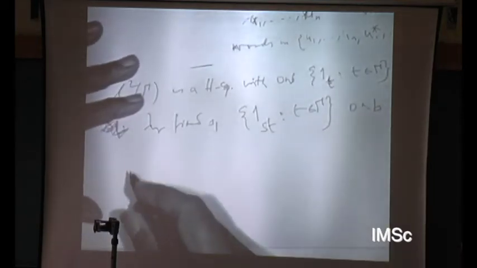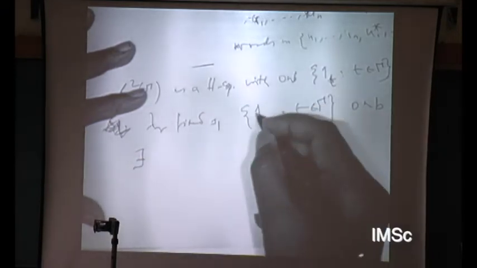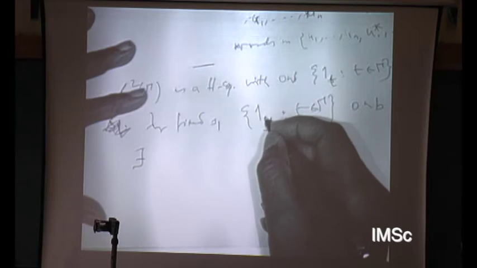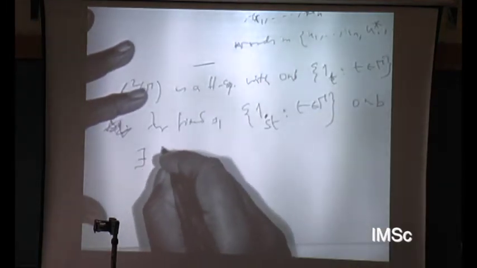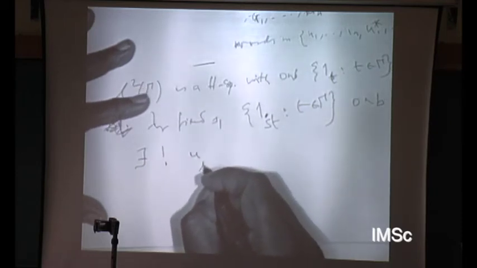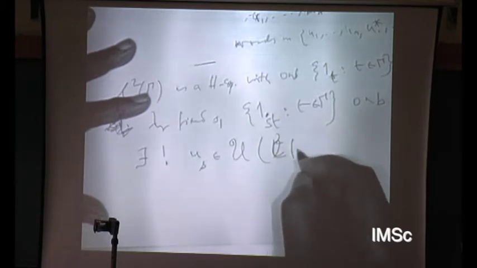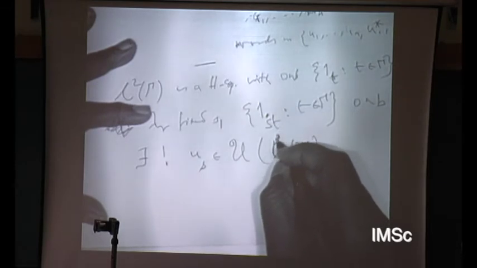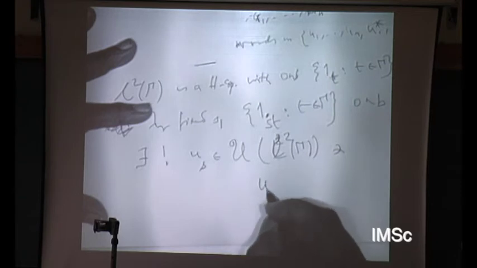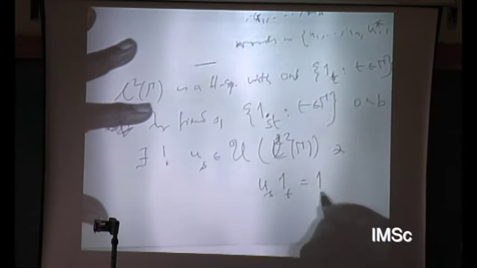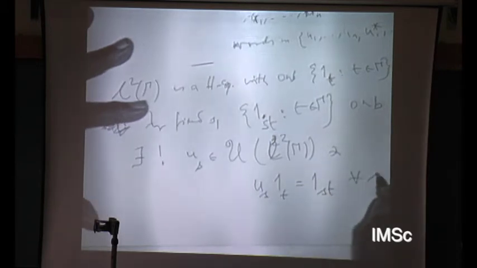Right? In fact, I can define a mapping. If you take any two orthonormal bases for a Hilbert space, there will be a unique unitary operator which will send one basis vector to the corresponding basis vector. So there exists a unique unitary operator U_S on L2 of gamma such that U_S of 1t equals 1st for all t in gamma.